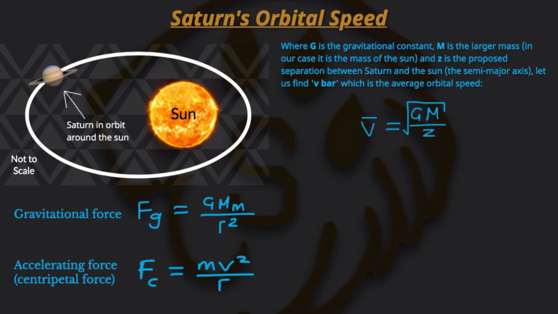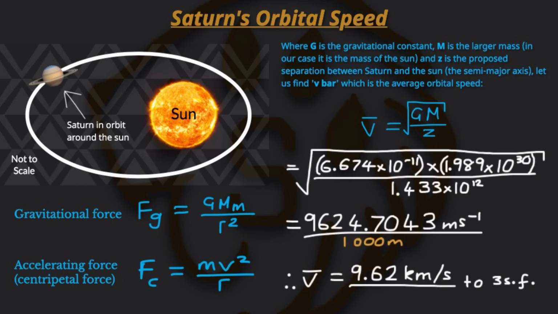So in Mars we explained the derivation of that expression v bar is equal to the square root of GM over Z using those two formulas for the forces. Basically you're assuming that the centripetal force is equal to the force of gravitation for us to be able to find that average speed, because we're trying to find the average. So we assume that at the average speed both forces will be equal.